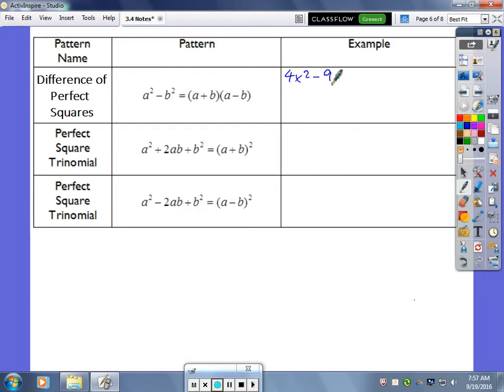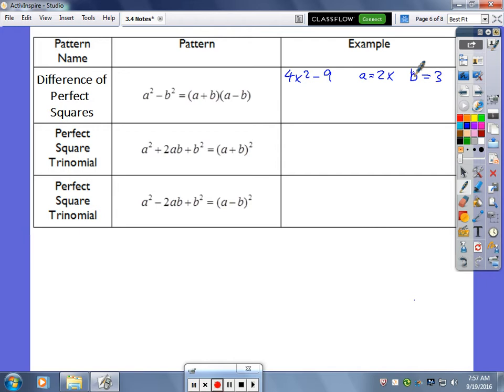4x squared minus 9. If we look at this, we realize, wait a minute, 4x squared, that is a perfect square. It's the perfect square of 2x. And 9 is the perfect square of 3. So a is equal to 2x and b is equal to 3.